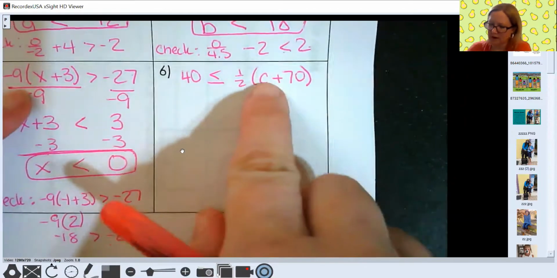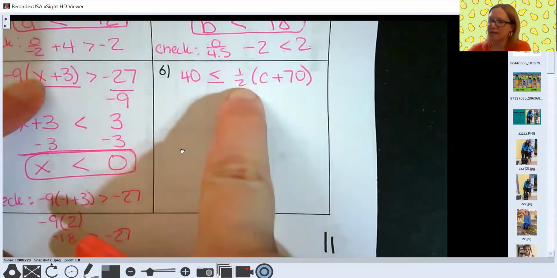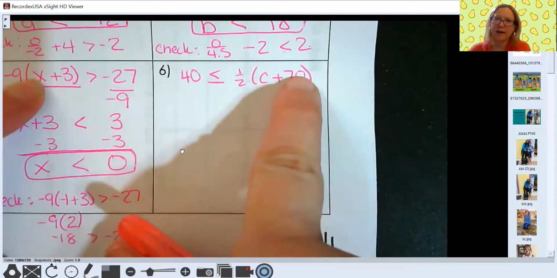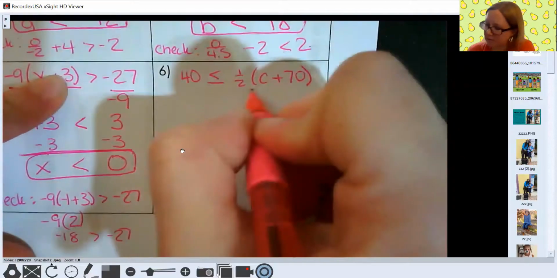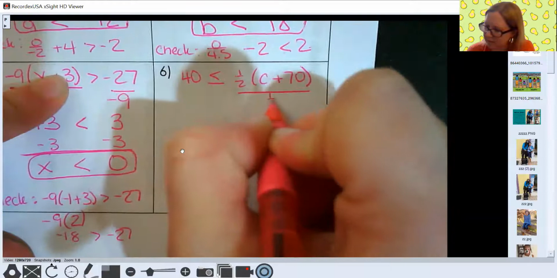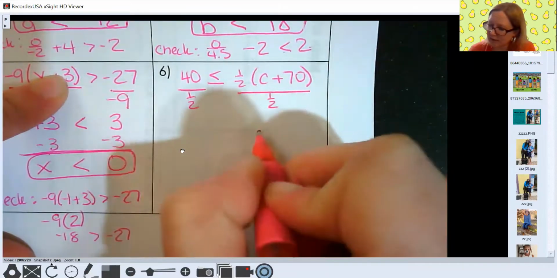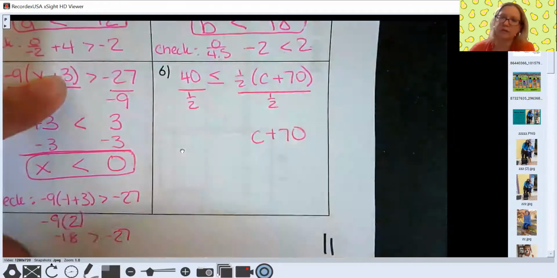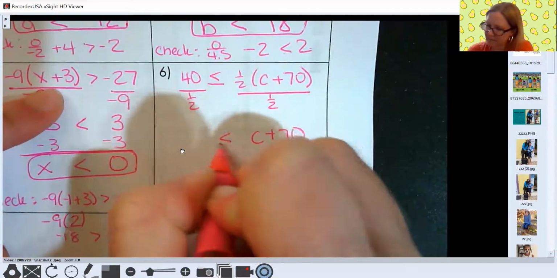The value farthest from the C is the 1/2. Since that's being multiplied by 1/2, we'll divide both sides by 1/2. On this side of the equation, I have C plus 70 left over. I don't need to change my symbol, so it's going to stay the same.